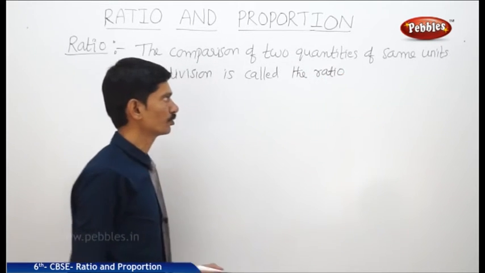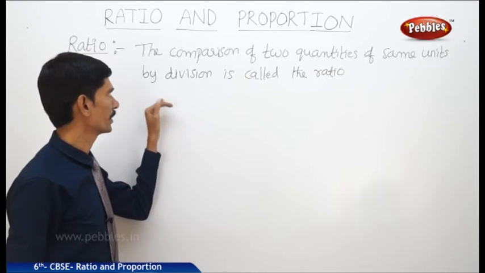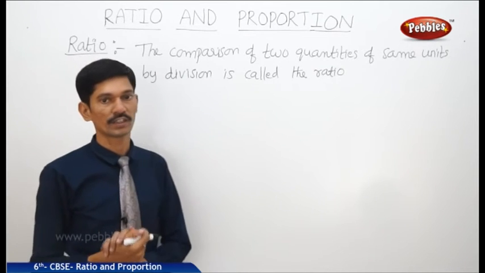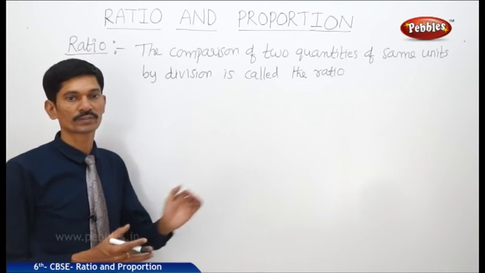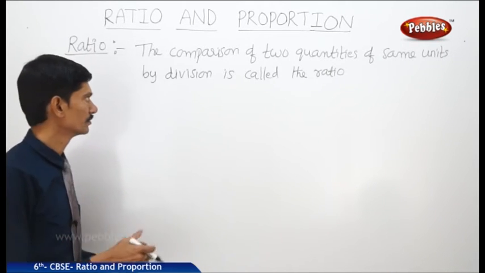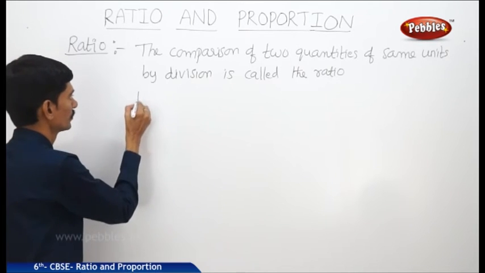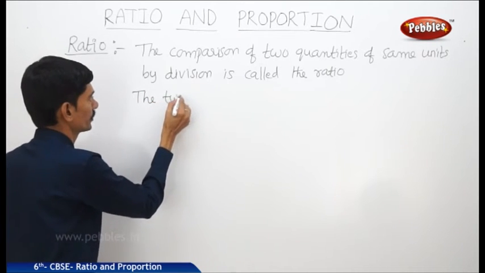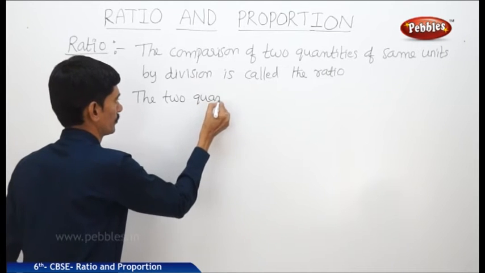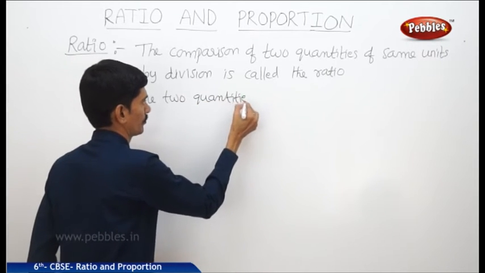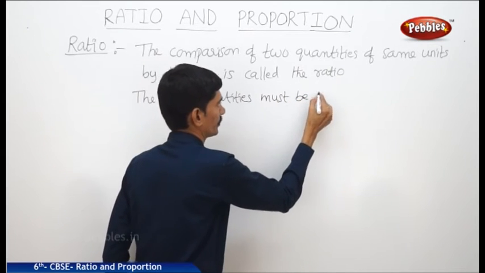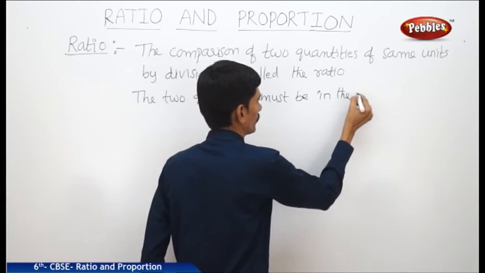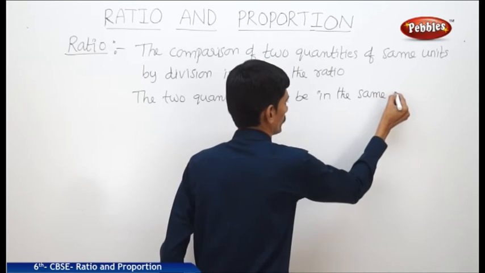The comparison of two quantities of same units by division is called their ratio. Now, to compare two quantities, the two quantities must be in the same units.